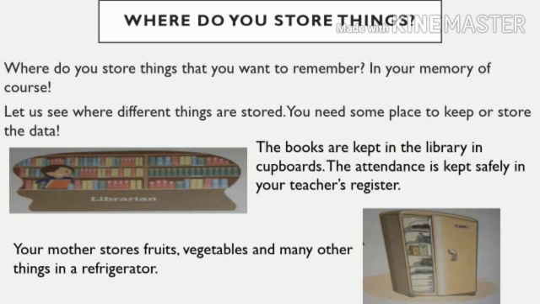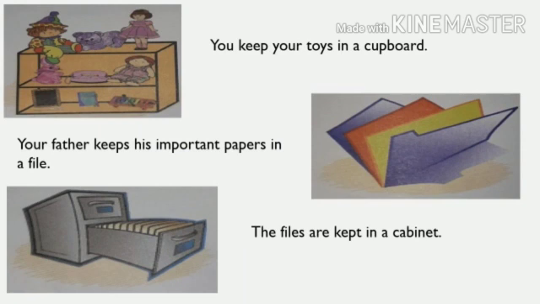Your mother stores fruits, vegetables, and many other things in a refrigerator. Other examples are like you keep your toys in a cupboard. Similarly, your father keeps his important paper in a file, and the files are kept in a cabinet.